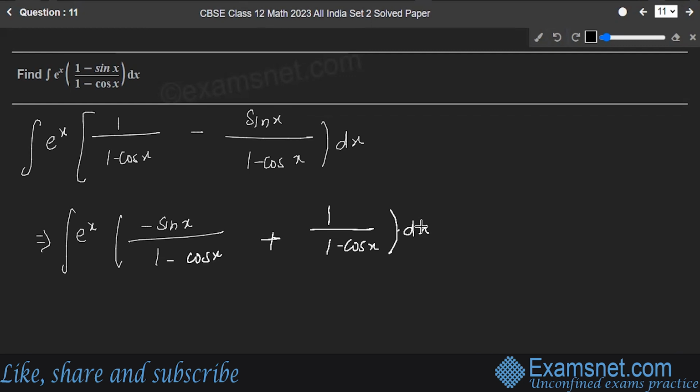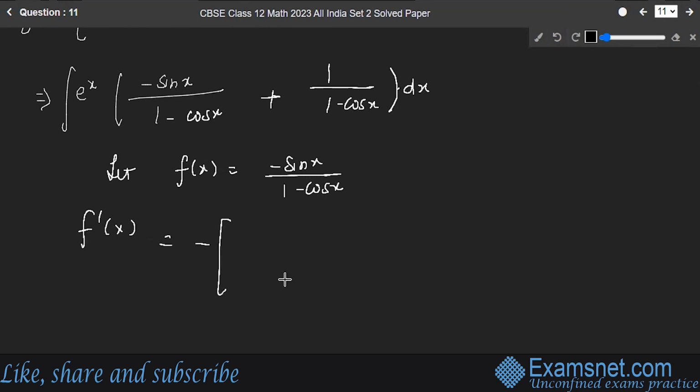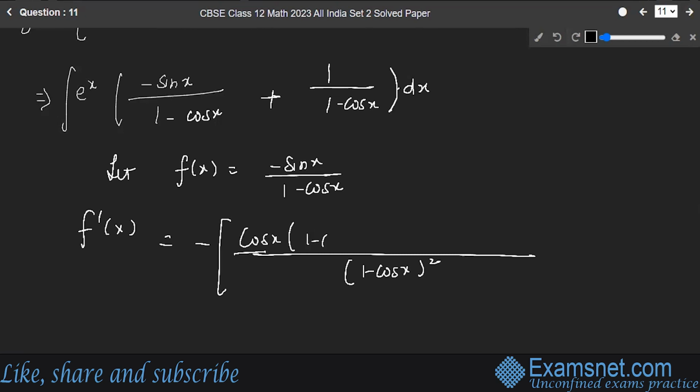Now let's say f(x) is equal to minus sine x upon 1 minus cos x. So its derivative will be equal to the derivative of the numerator into the denominator minus the numerator into the derivative of the denominator, upon the denominator square, 1 minus cos x whole square. So this is minus cos x into (1 minus cos x), minus sin x into the derivative of 1 minus cos x, that will be equal to sin x.